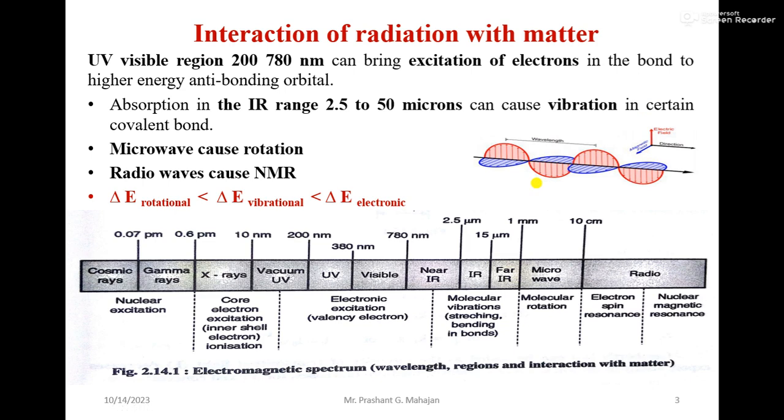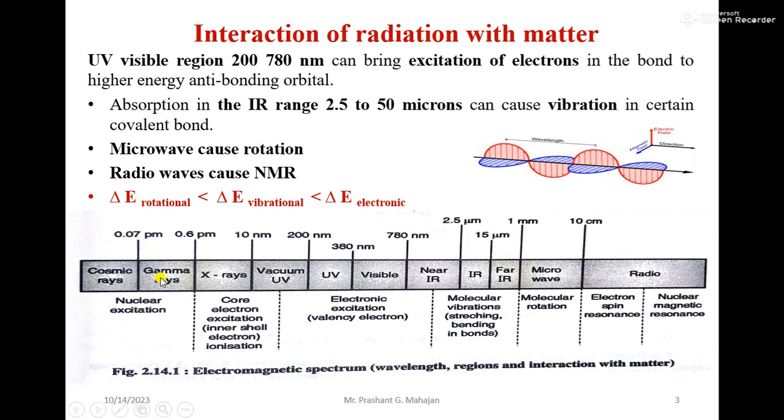So what happens when electromagnetic radiation reacts with matter? You can see the diagram first. This is the total electromagnetic spectrum. If the wavelength is 0.07 picometer or less, the rays are cosmic rays.